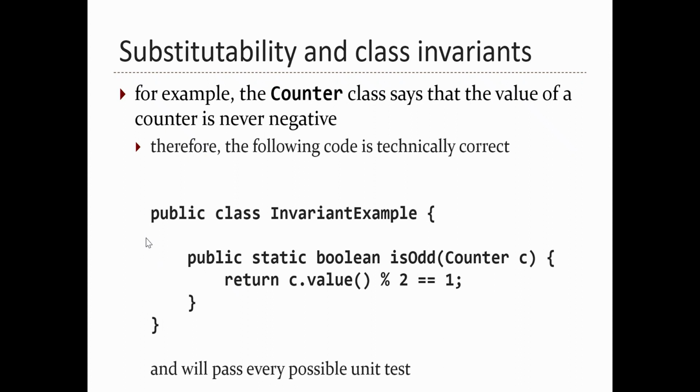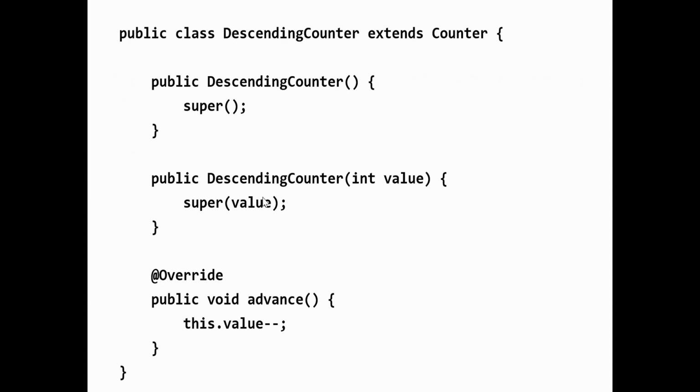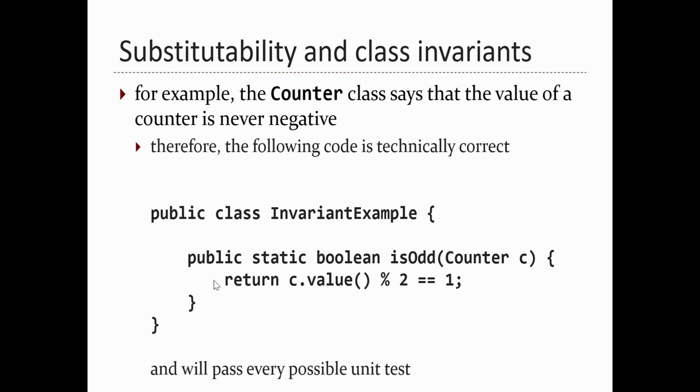Strictly speaking, this programmer is incorrect. The creator of the descending counter class did not ensure that the invariant of counter was preserved. You now have a counter whose value can be negative. And this person here wrote that method correctly, assuming that the value of the counter will never be negative.